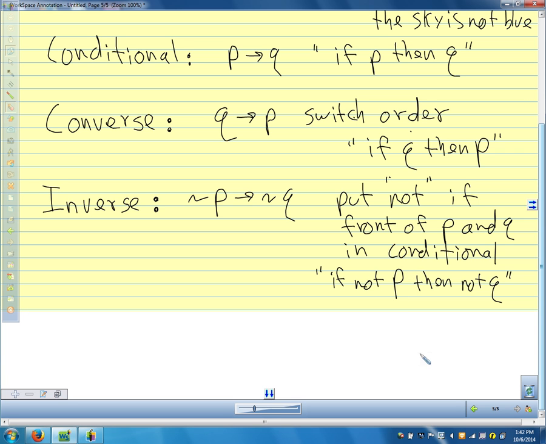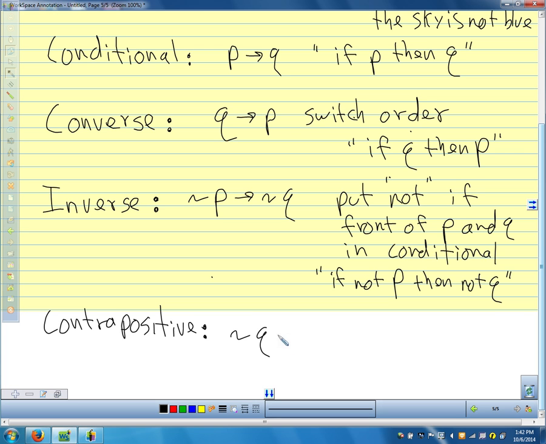And then our last relative is called the contrapositive. Our contrapositive is the negation of the converse.